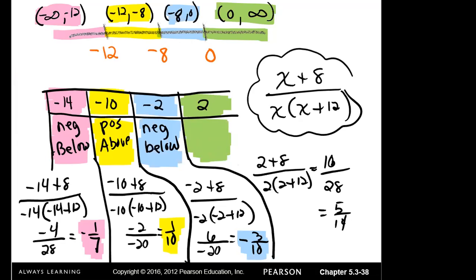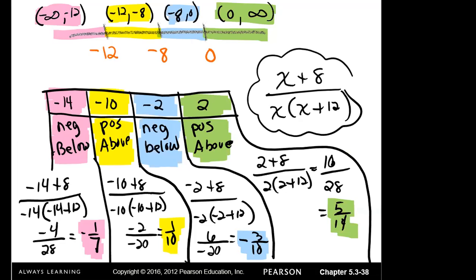So yep, that's a positive, right? So it came out to be positive, so it's above the x-axis. There we go. So below, above, below, above.